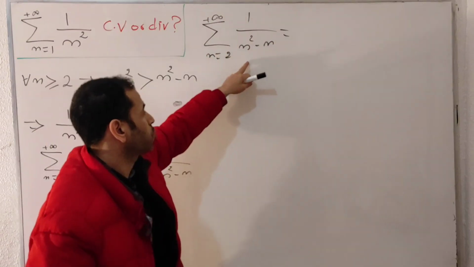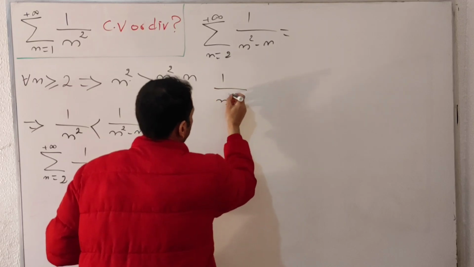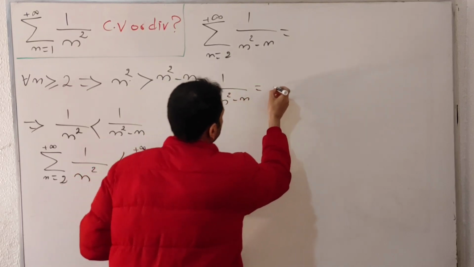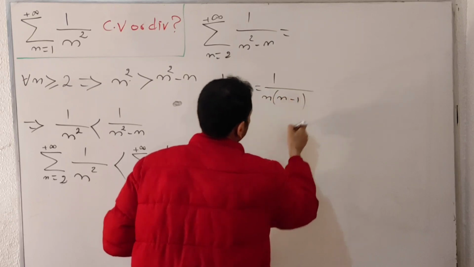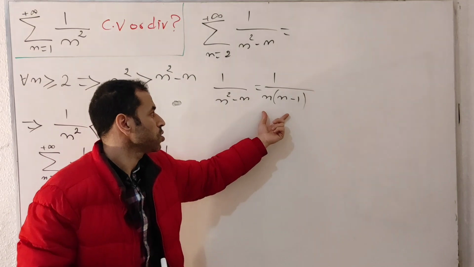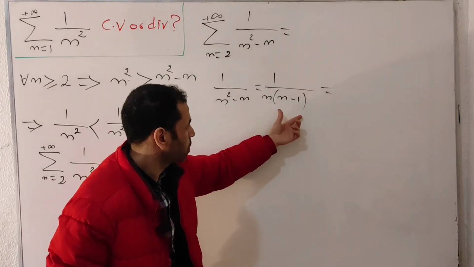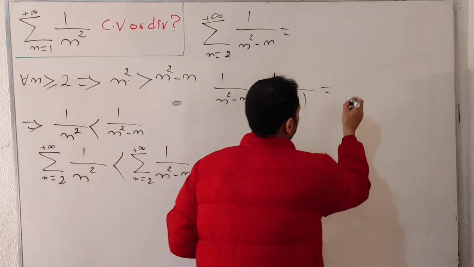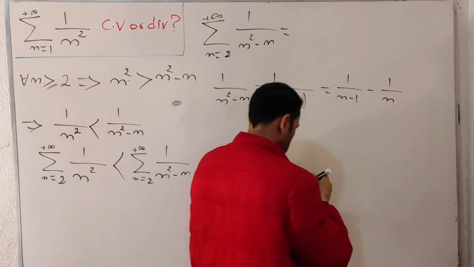I'm going to transform this into decomposition form. So I have 1 over n squared minus n equals 1 over n times n minus 1, just taking n as a common factor for the denominator. I'm going to use a trick to split this into two terms: this is the same as 1 over n minus 1 over n plus 1.